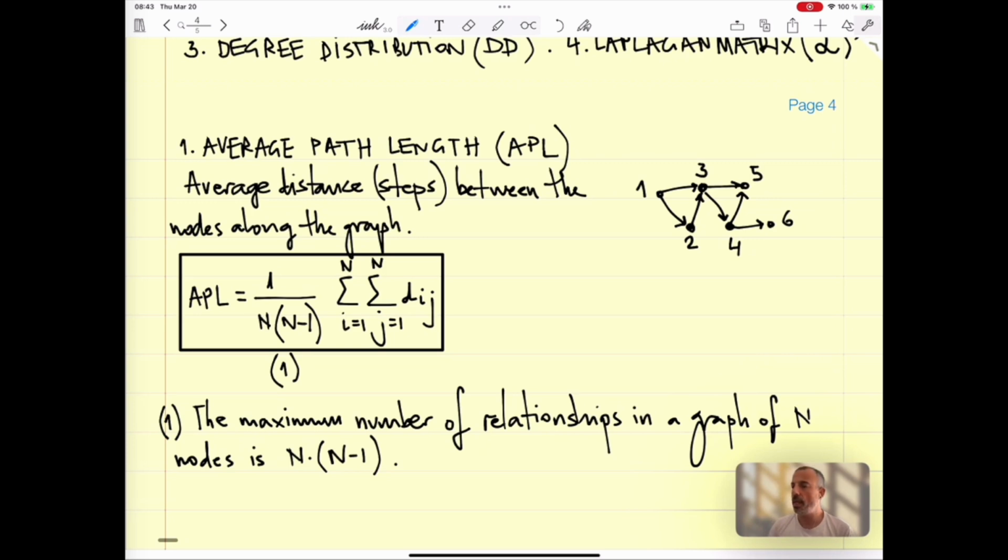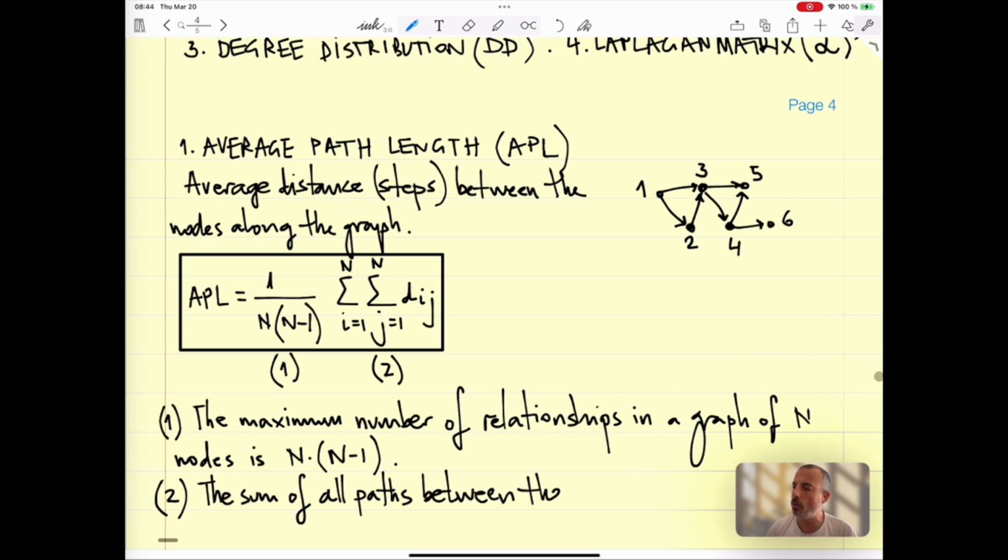So the second part of the equation describes the steps, the sum of all paths between the nodes.